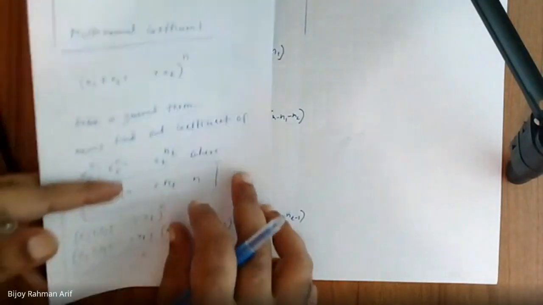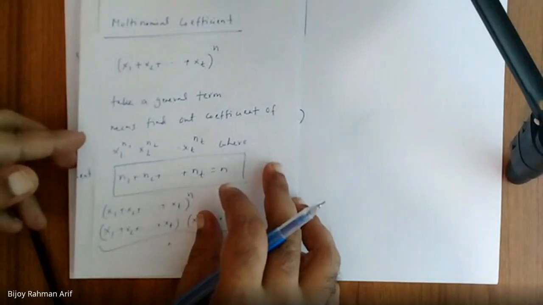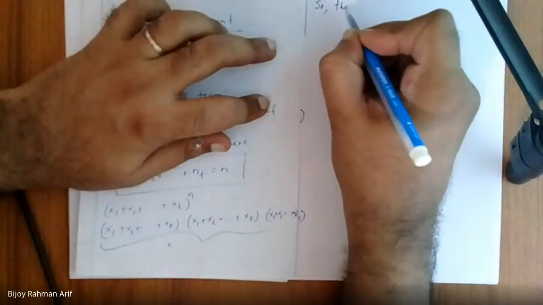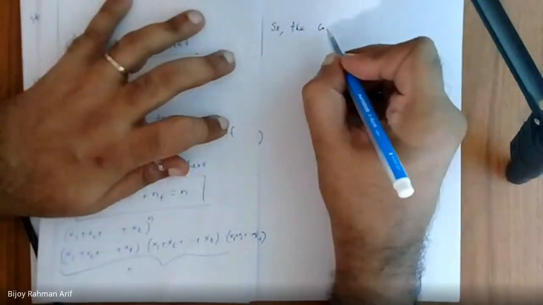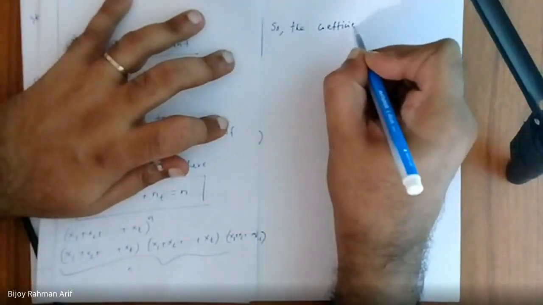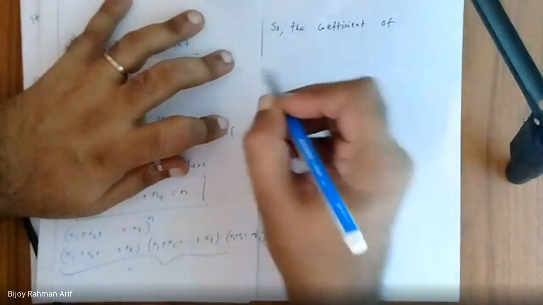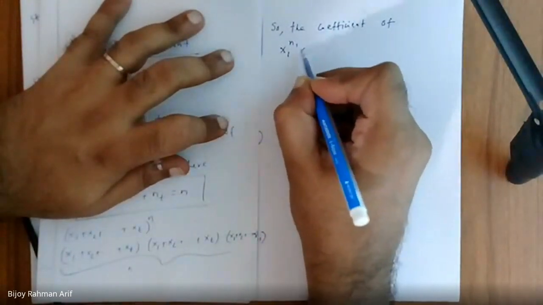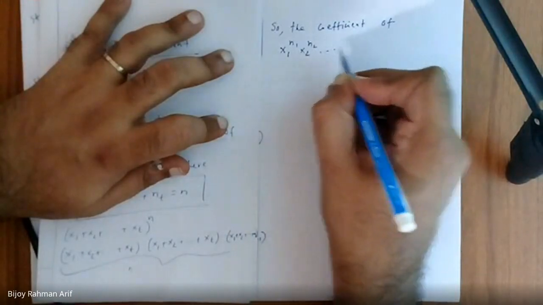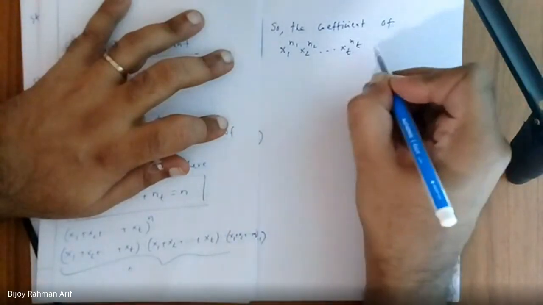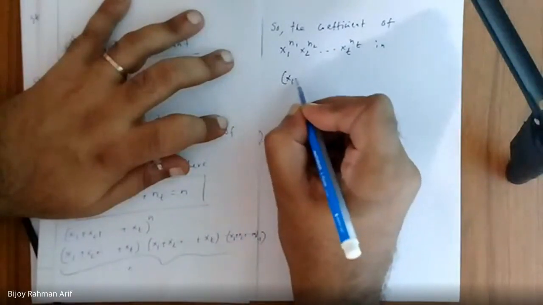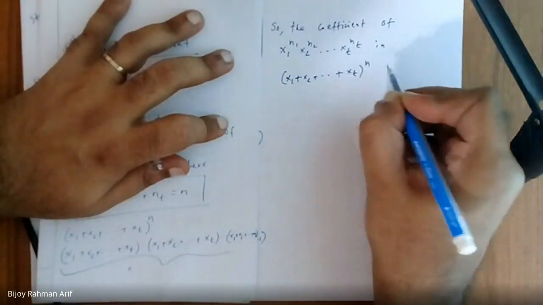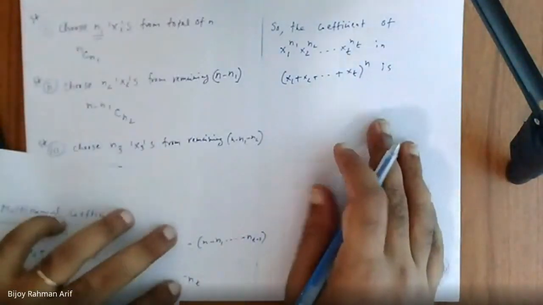So what would be the answer? The coefficient of x1 to the n1, x2 to the n2, dot dot dot, xt to the nt in (x1 plus dot dot dot plus xt) to the n is what?